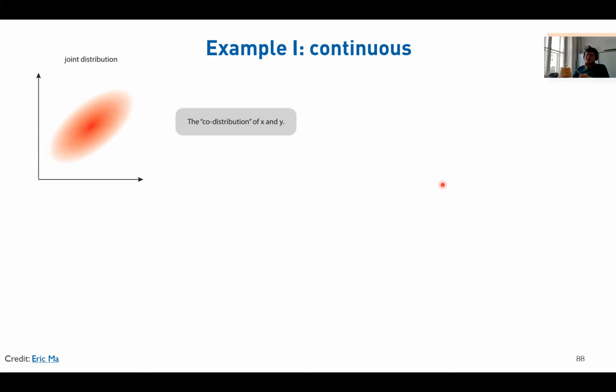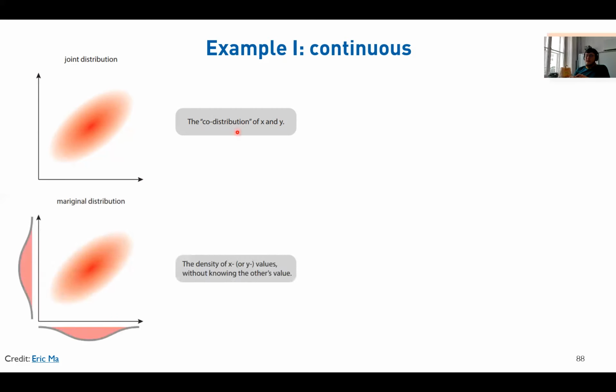In this case, this is a joint distribution. So here the x-axis is just one event, event x, and the y-axis is another event, event y. And then this joint scatter or joint shaded area that the contour plot shows describes the joint distribution of the two events. So that's the co-distribution of x and y.